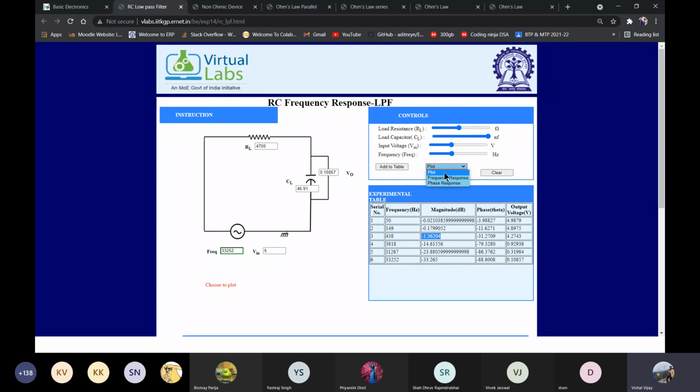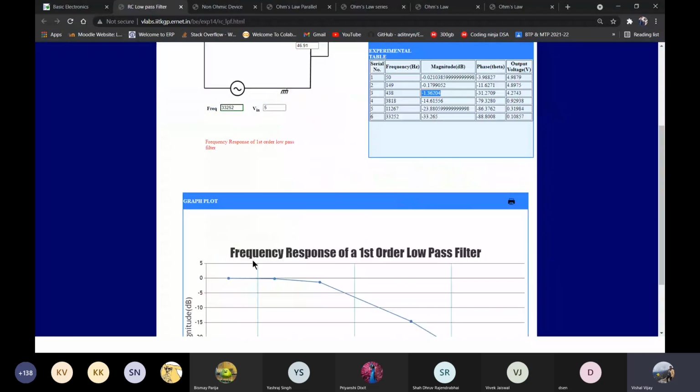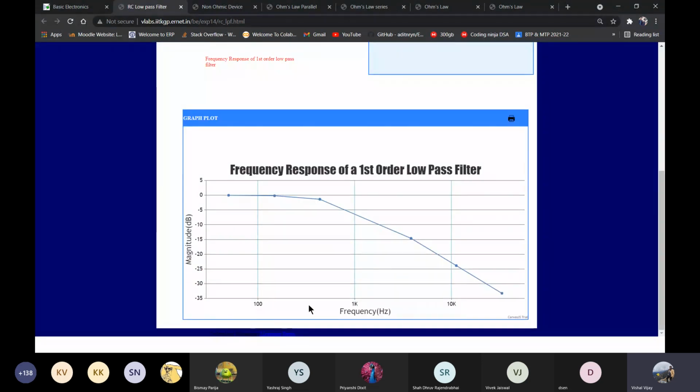So when we plot this, you will see here two options, frequency response and phase response. First, we will plot the frequency response, that is basically the amplitude response. You can see that the x-axis is frequency and the y-axis is magnitude. This is the 0 dB line, and this started decreasing, going downwards. Minus 3 will lie somewhere here, right?